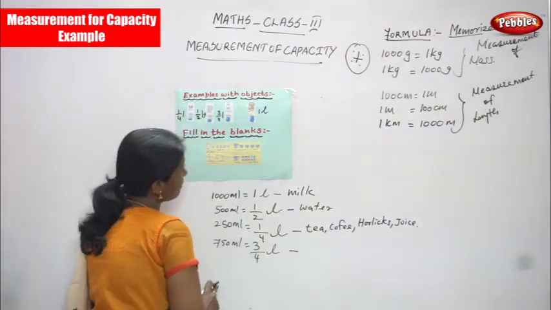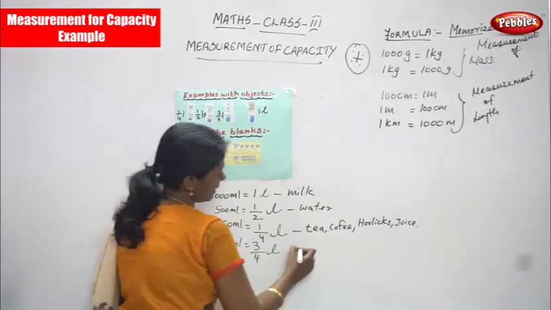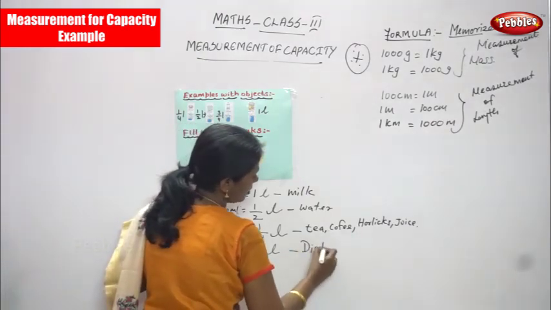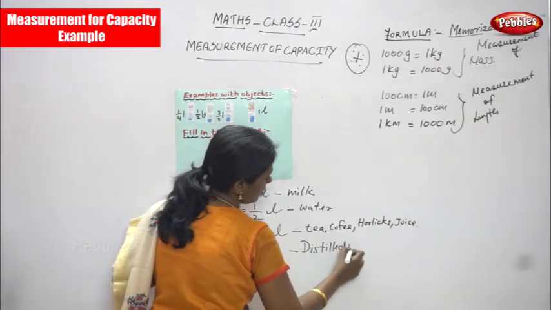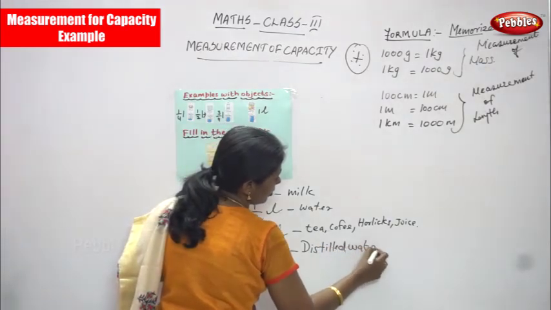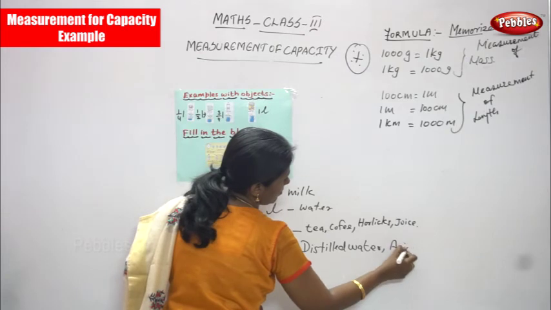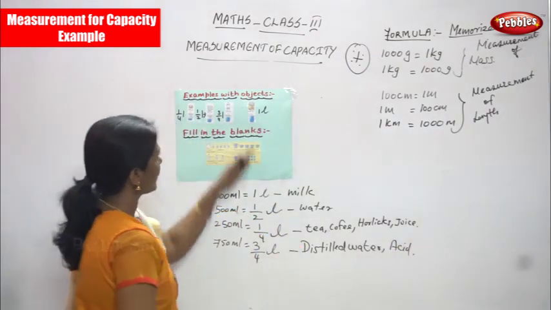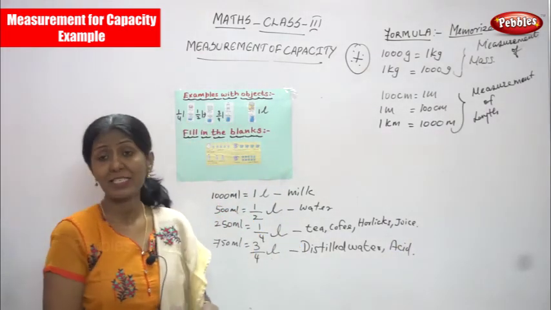This is water, distilled water, or acid. I think you understand measurement of capacity very well.